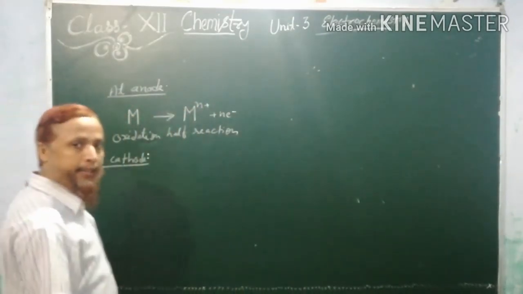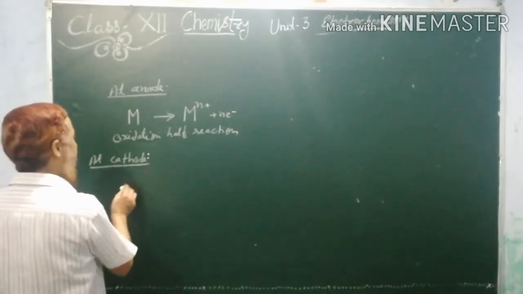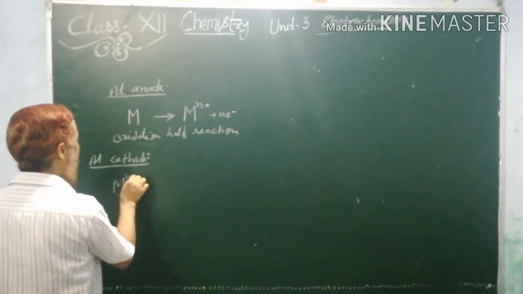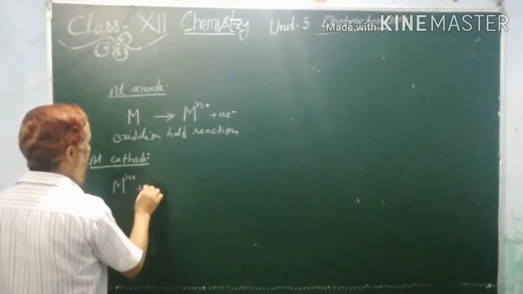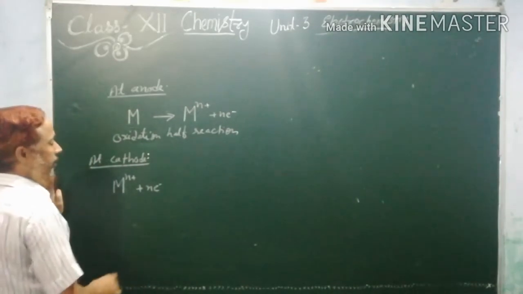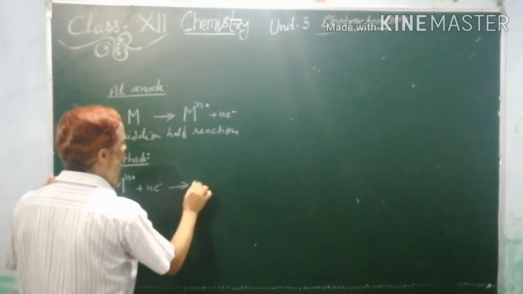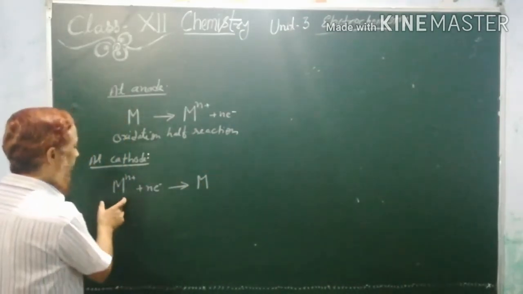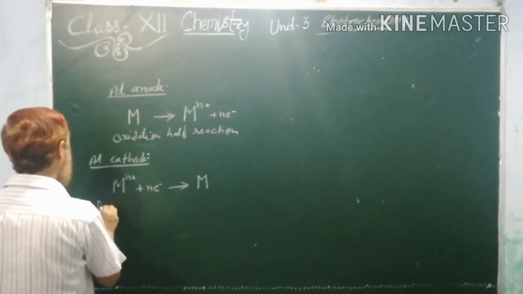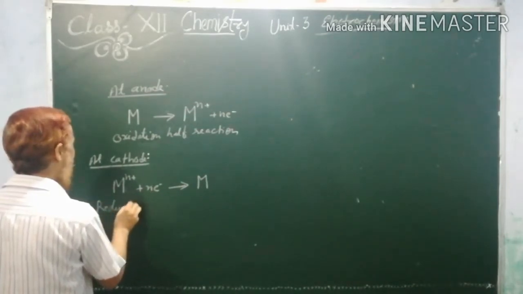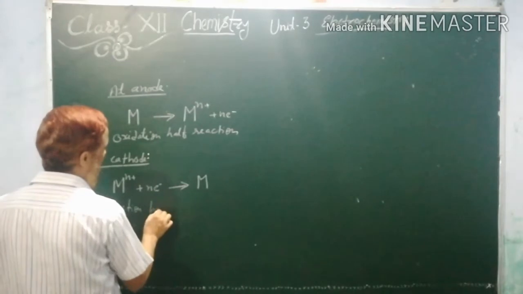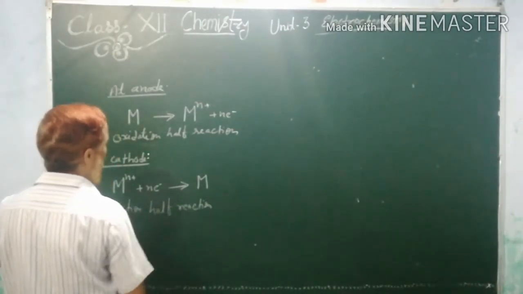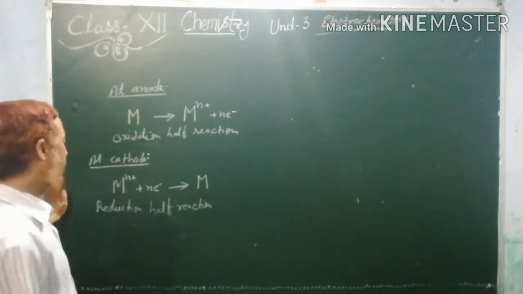So the reaction at the cathode is represented as, from the solution, these cations accept n number of electrons, neutralize and get deposited as metal on the cathode. So this equation represents the reduction half reaction which takes place at the cathode.